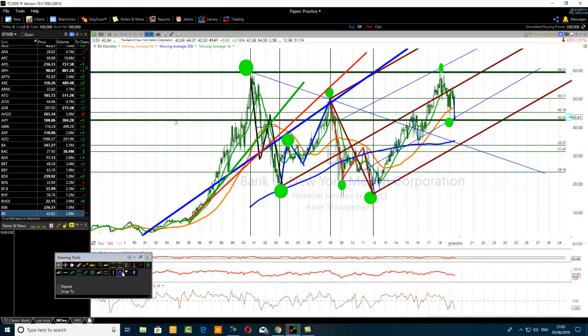Can you see that? A, B, C, D. And usually the point D will be touching one of those useful trend lines.